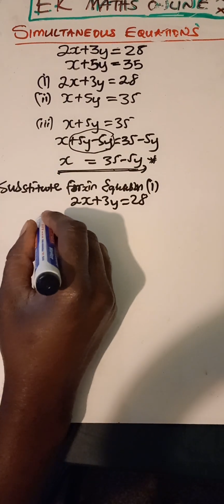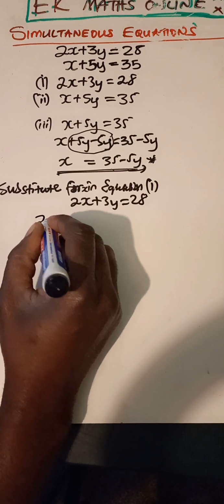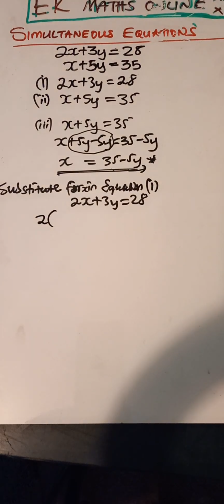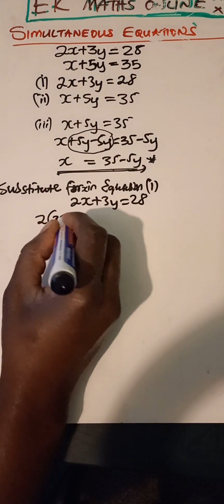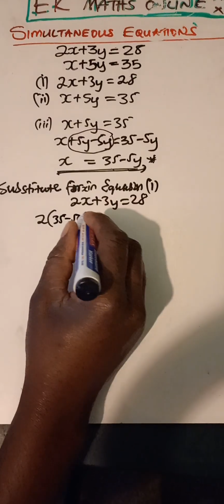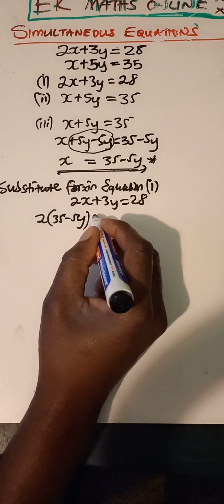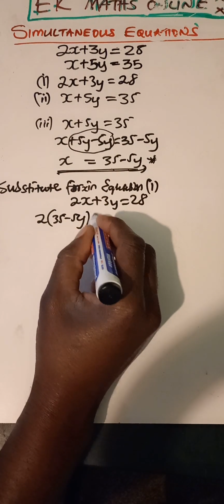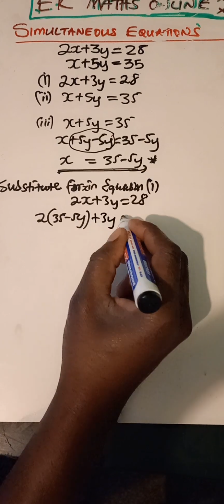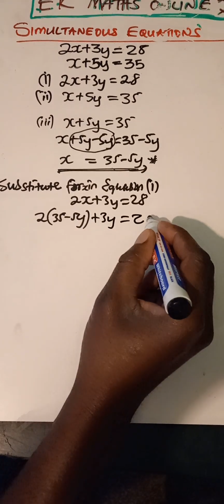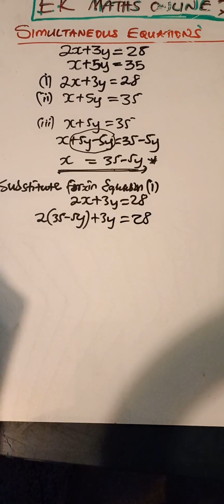So let's do that together. It means 2, where there is an x, it becomes 35 minus 5y. 2 times 35 minus 5y, that's the value of x, plus 3y is equal to 28.